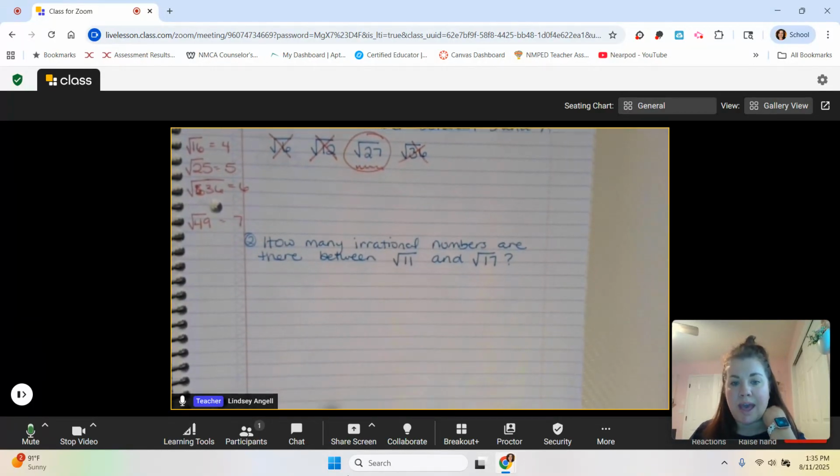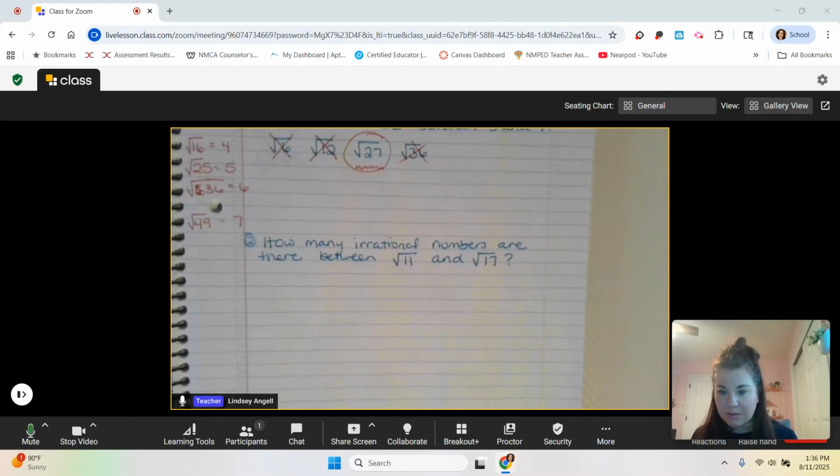Number 2, how many irrational numbers are there between the square root of 11 and the square root of 17? This was from your quick check. In some ways, this is kind of a trick question, okay, because there's an infinite number.